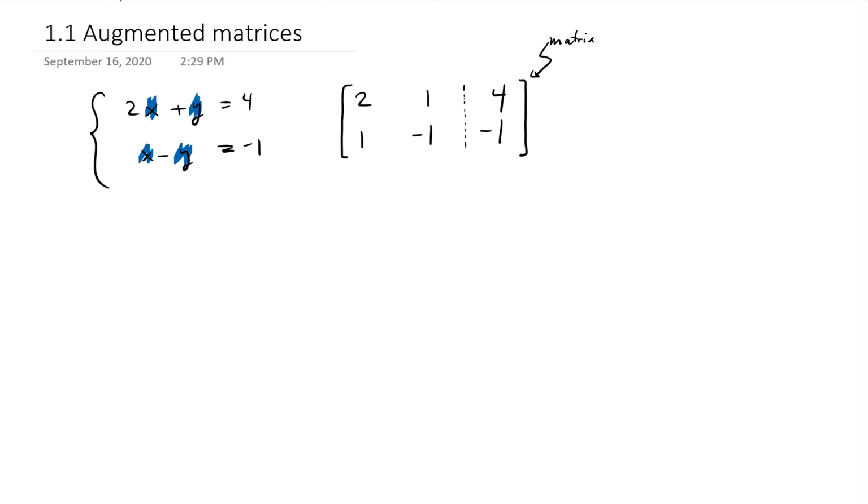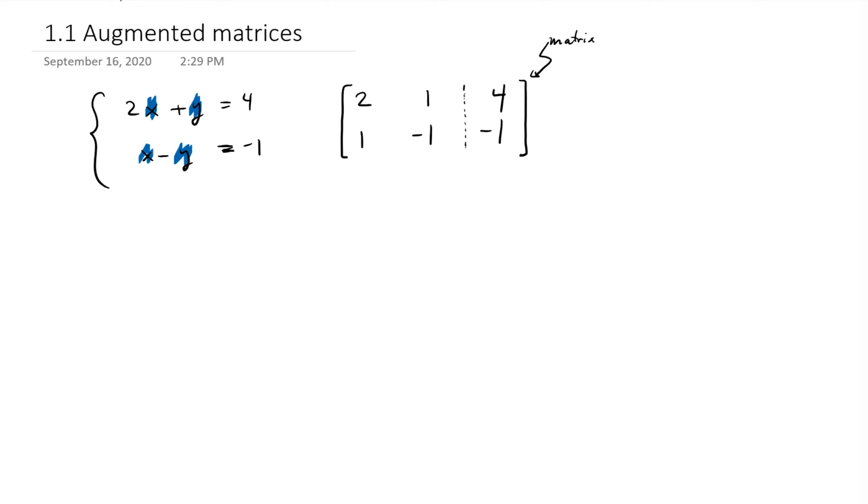Now, here I've got a matrix that's related to my linear system. Sometimes I will have matrices, that's the plural of matrix, that are completely unrelated to a linear system. They just stand on their own. So it's not because you have got a matrix that it's associated to a linear system. But right now it is.